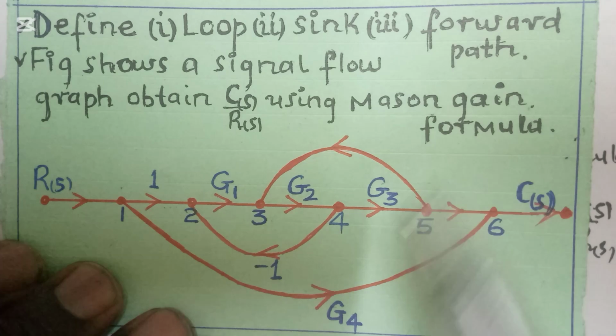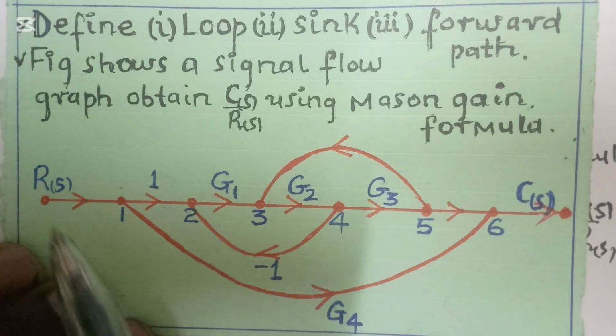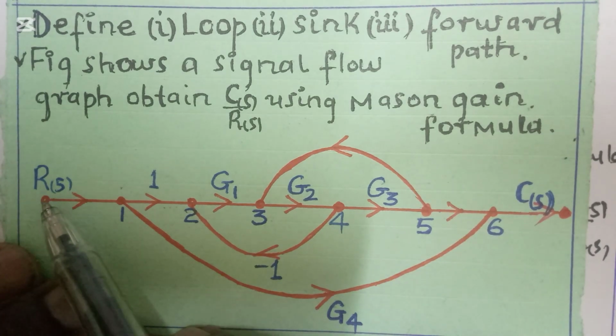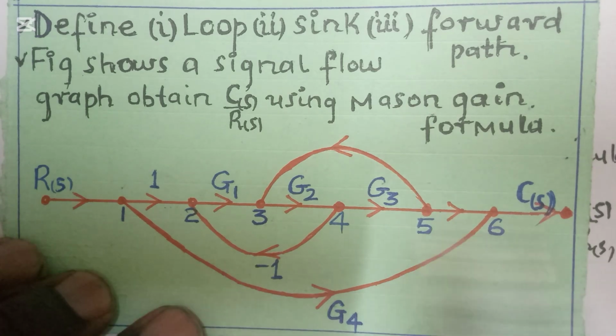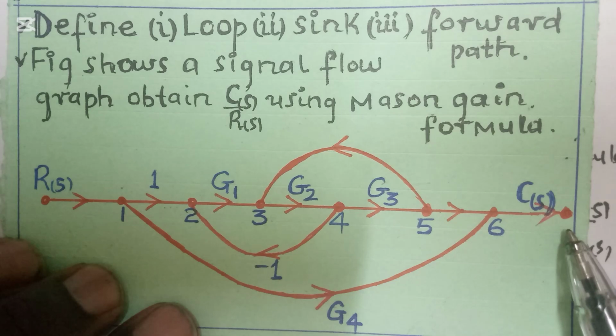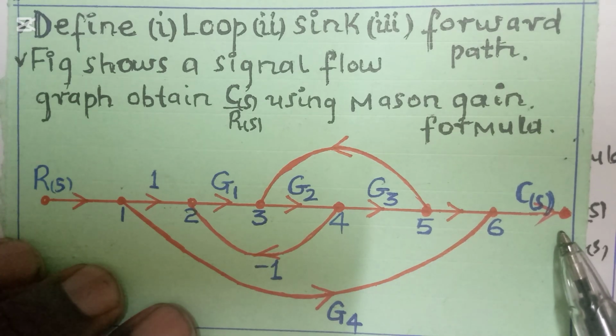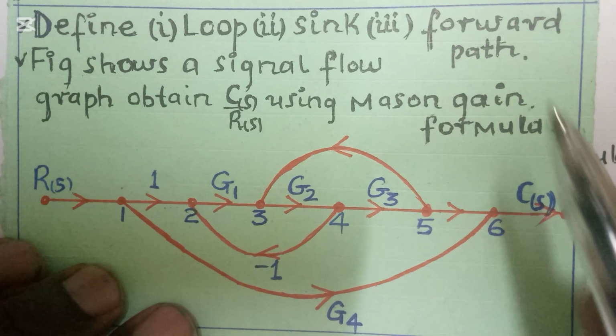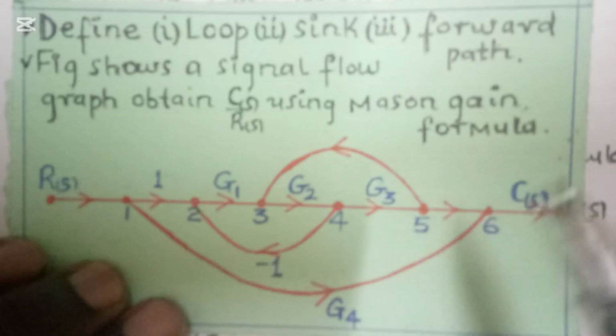But for the definition, you can say it's a path that originates from the input up to the output without traversing any node twice. So guys, that is the forward path.